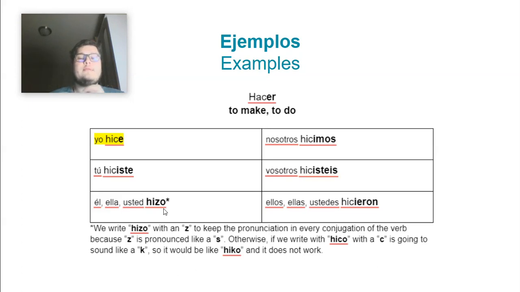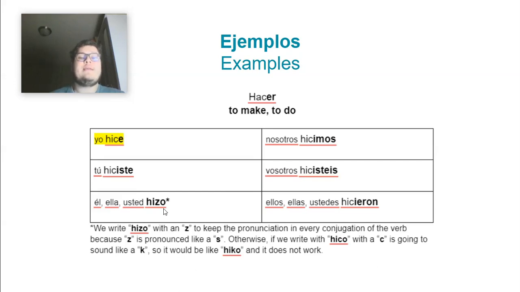So what is the wrong part here? It's about the pronunciation. Because for the rest of the verb, the letter C is pronounced like an S, but in this case, it's pronounced like a K. So it sounds wrong. It sounds difficult to pronounce. So because of that, what people do is replace the C with a Z. Why this change?